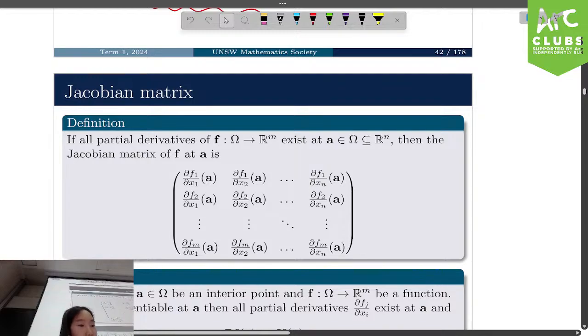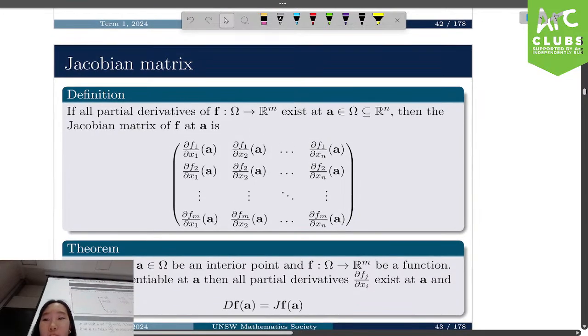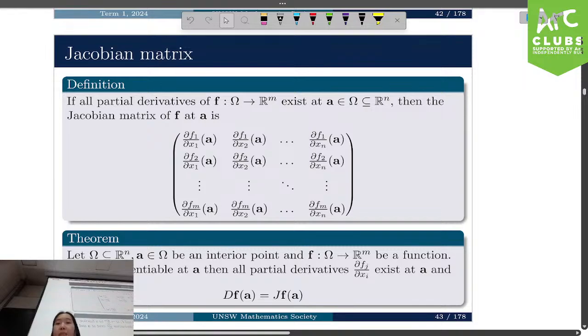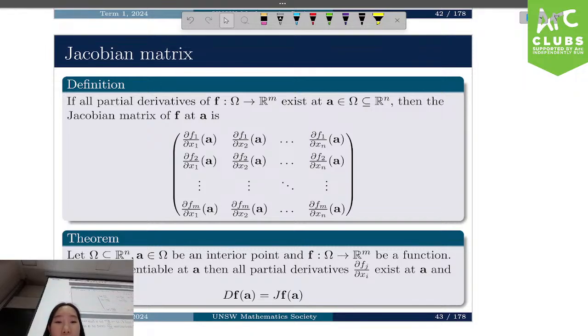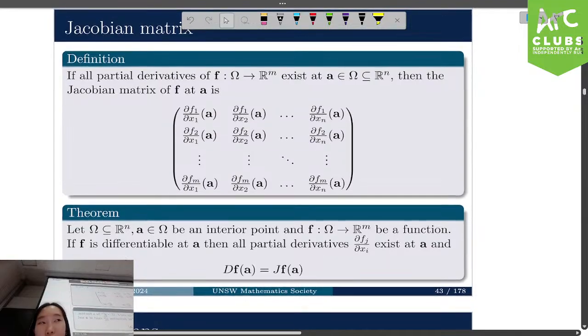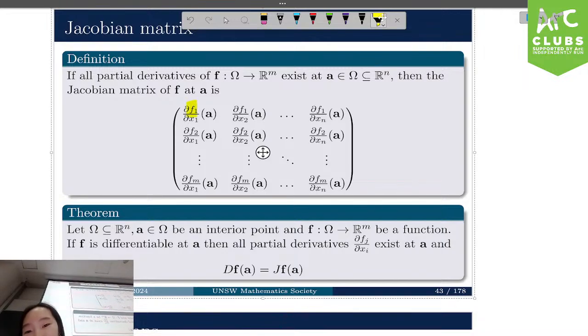All right, then we go to the Jacobian matrix. If all partial derivatives of f exist at a point a that belongs to Omega, then the Jacobian matrix of f at a is presented as follows. So what we have, you see, is f1, f1, and f1.